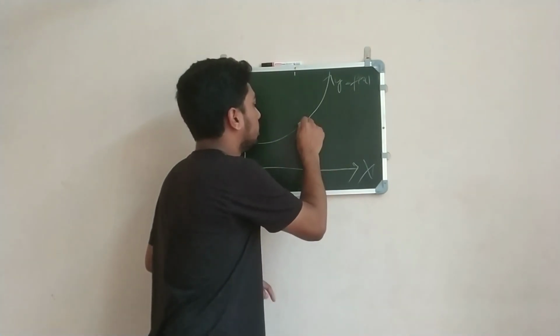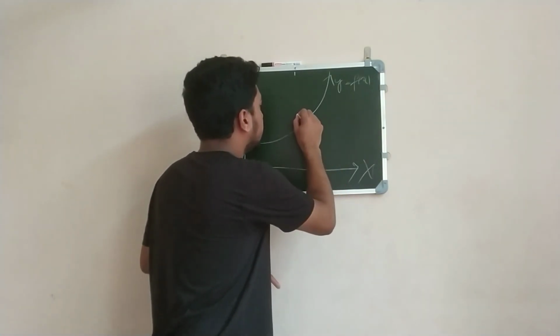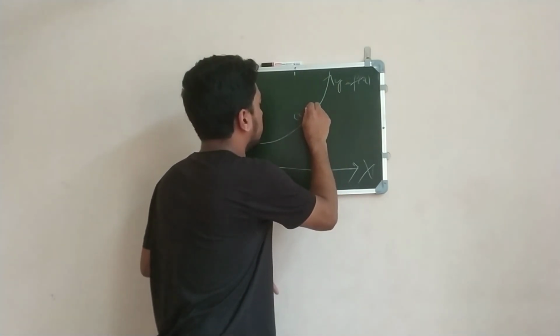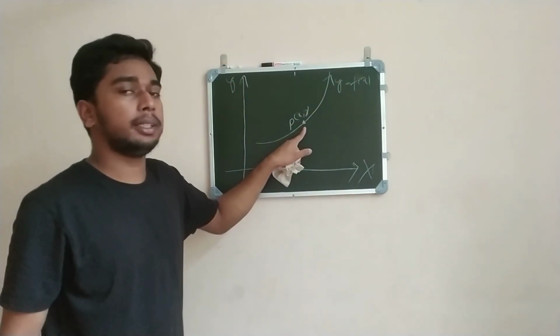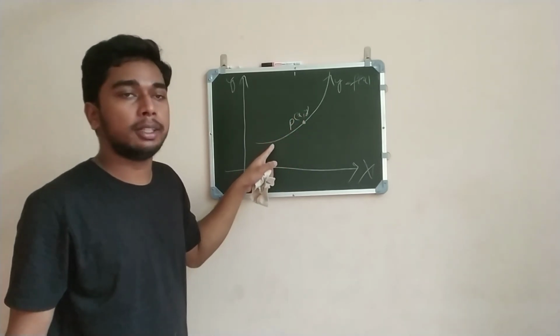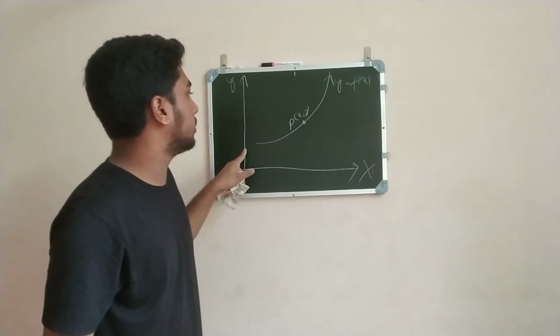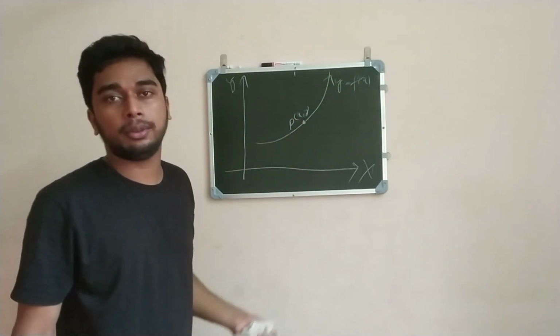For example, I am considering a point P whose coordinates are x and y on this curve, whose equation is y is equal to f of x.